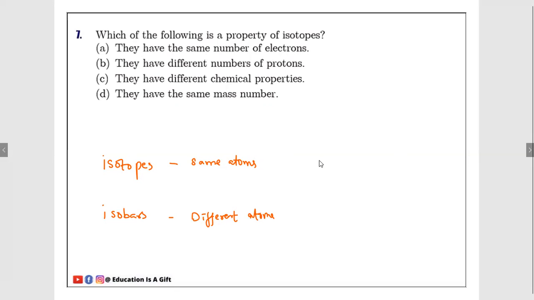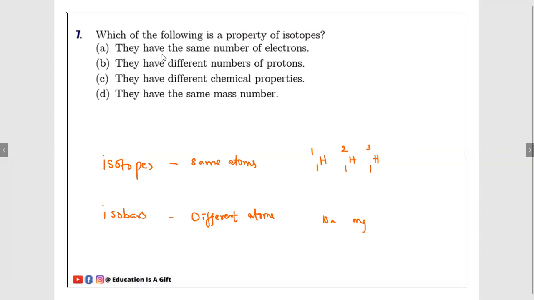Same atoms, for example hydrogen, hydrogen, hydrogen, and different atoms like sodium, magnesium, something like that. And isotopes are same atoms with same atomic numbers, for example 1 1 1, but different mass numbers. It might be 1, here might be 2, it will be 3.